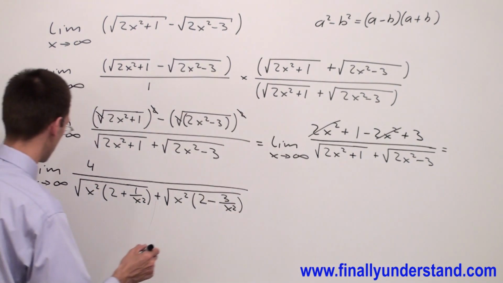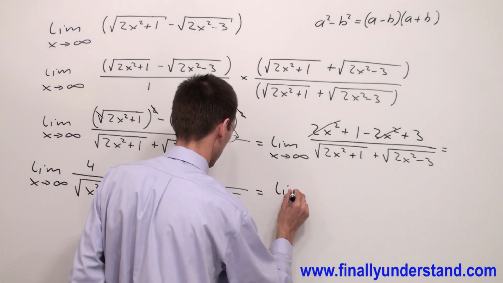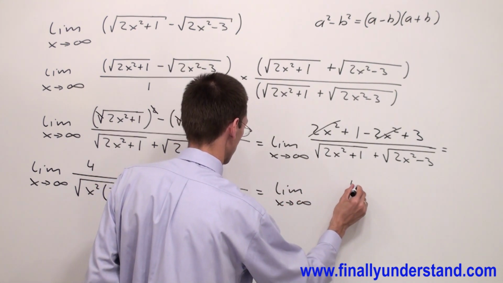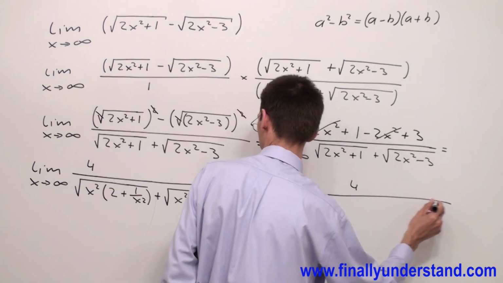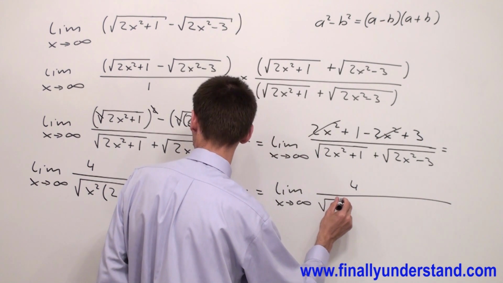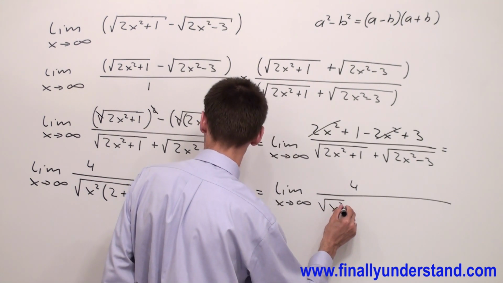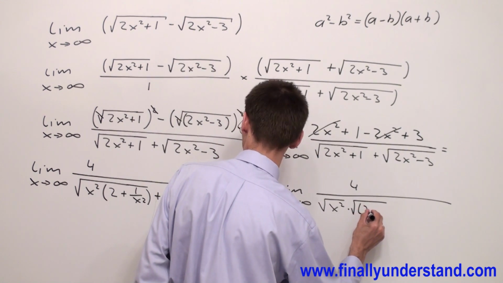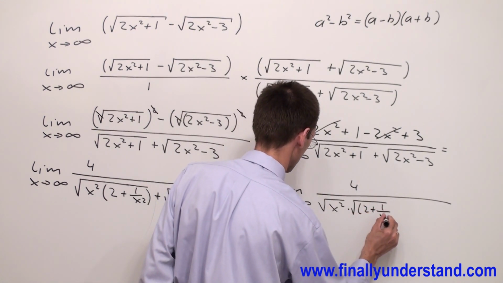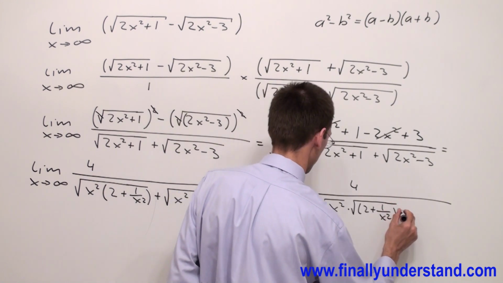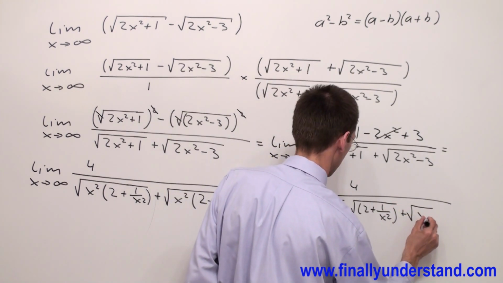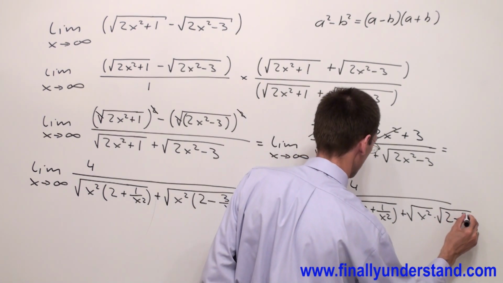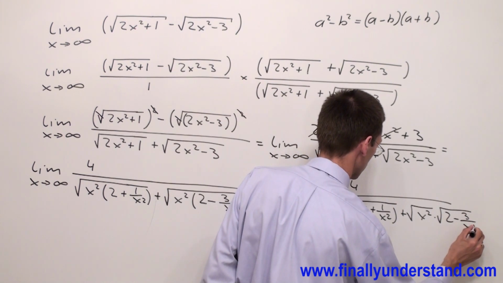I can rewrite this as the limit with x going to infinity, and this is 4 over square root of x squared times square root of 2 plus 1 over x squared plus square root of x squared times square root of 2 minus 3 over x squared.